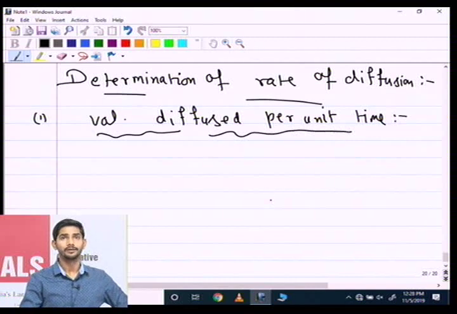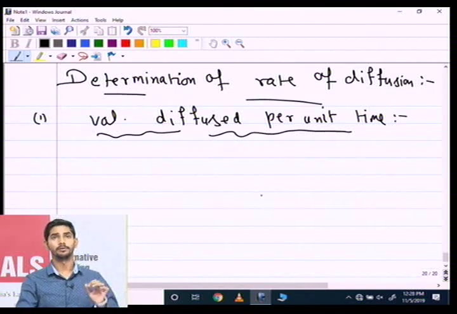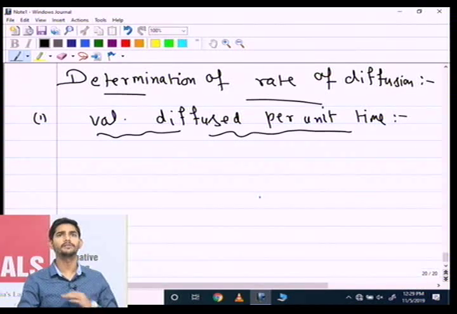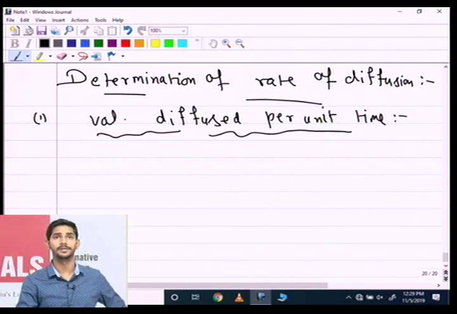Rate is the change with respect to time: change of concentration, change of volume, change of moles, change of distance with respect to time always determines the rate.